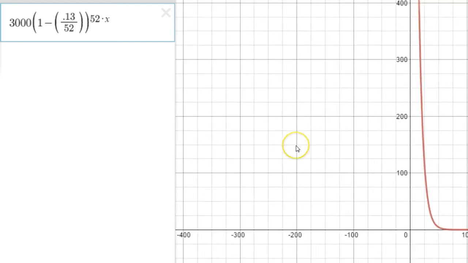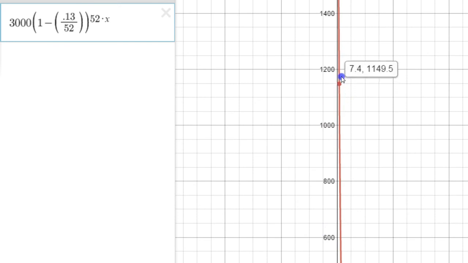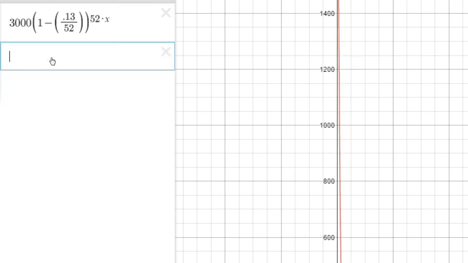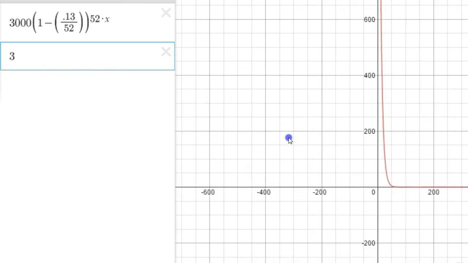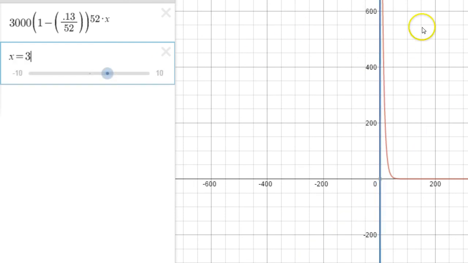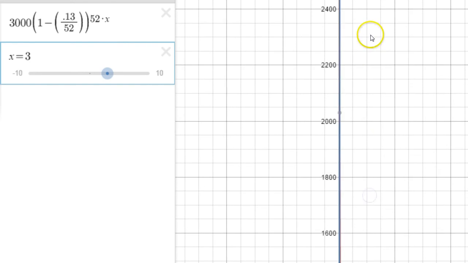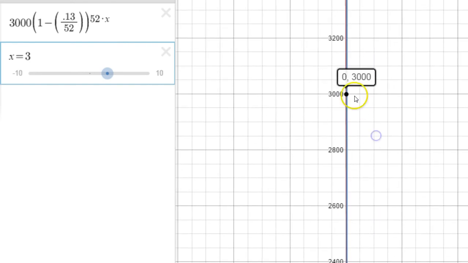So if we wanted to find the actual value in years, we would have to go up higher here. If I wanted to figure out by 3 years, I would just set x equals 3, and I would just find the intersection of the two. You would have to go quite a bit of ways to actually find it.